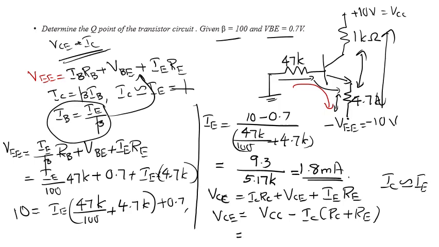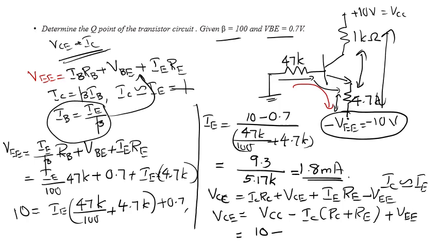So this is 10. And one more thing here, you have to include this minus potential also. So this is equal to minus VEE. So this minus VEE, when we go to the other side, it becomes plus VEE.